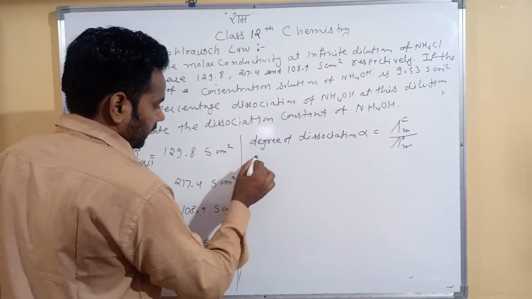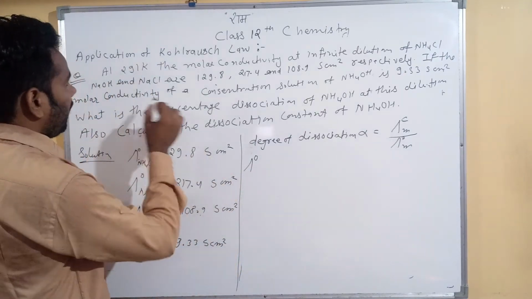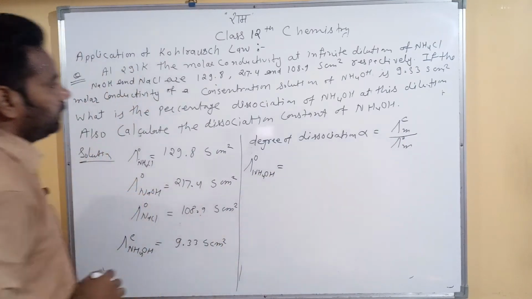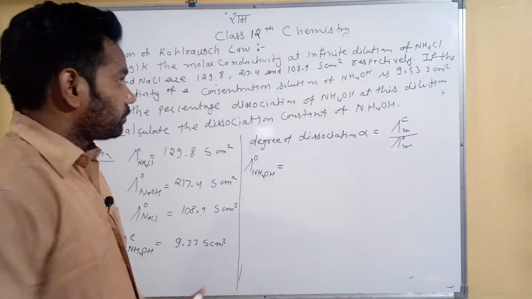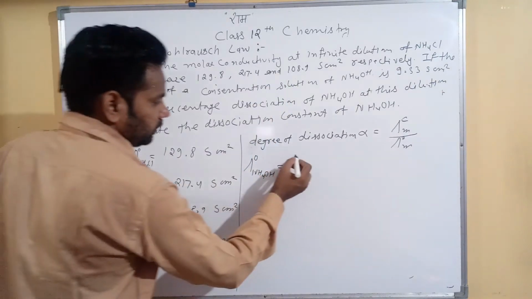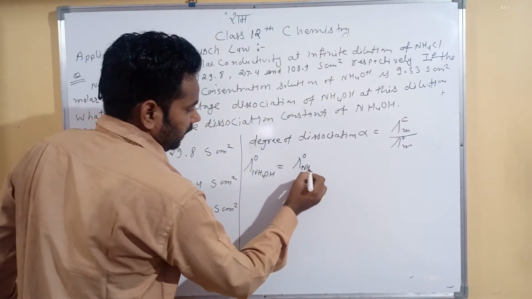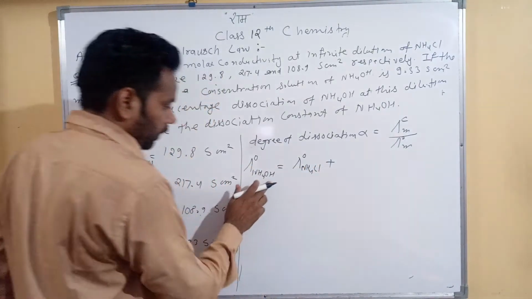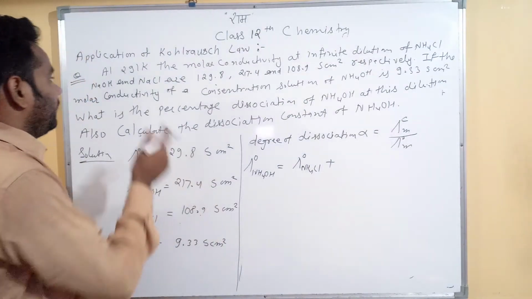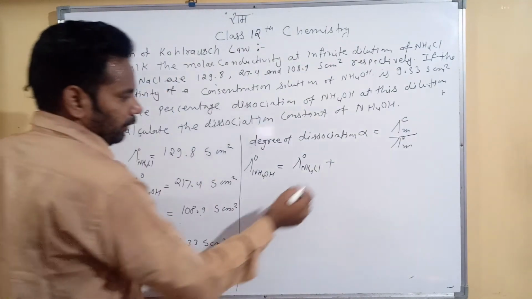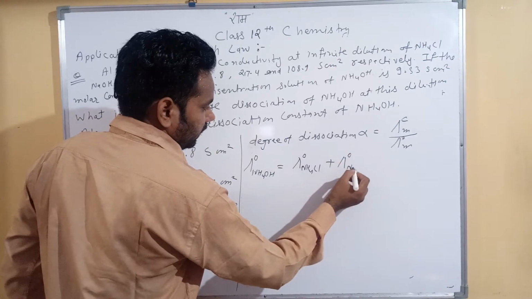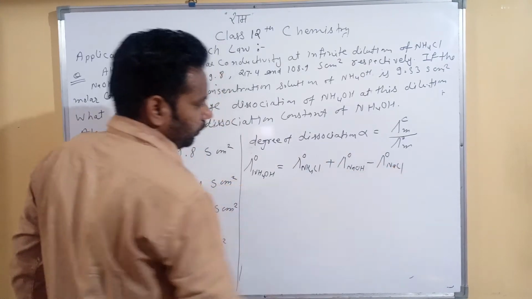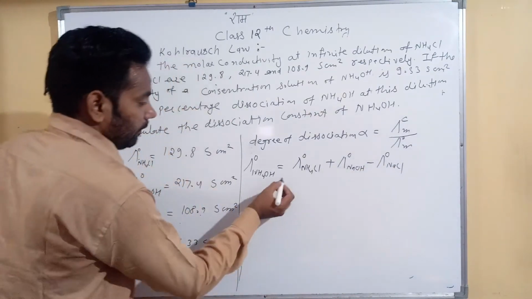So the limiting molar conductivity of ammonium hydroxide NH4OH is equal to which? First ammonium chloride, because in this electrolyte we get NH4 plus ions. Then I also want negative ions, OH minus, from NaCl and NaOH. NaOH gives OH minus ions, and NaCl is not useful for us, so we subtract this value.